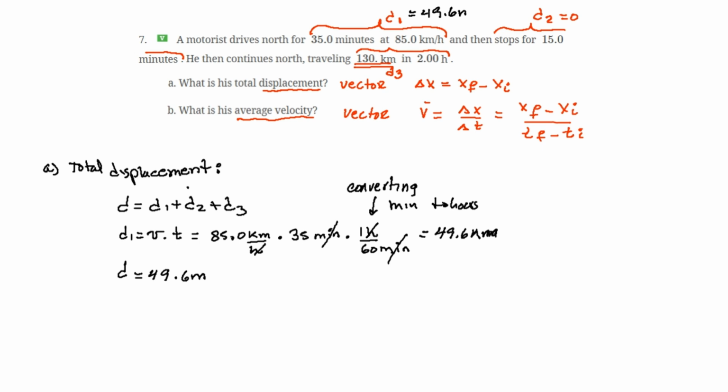When he traveled at 85 kilometers per hour during 35 minutes, he travels just 49.6 kilometers, plus 0 kilometers during these 15 minutes that he was resting, right?